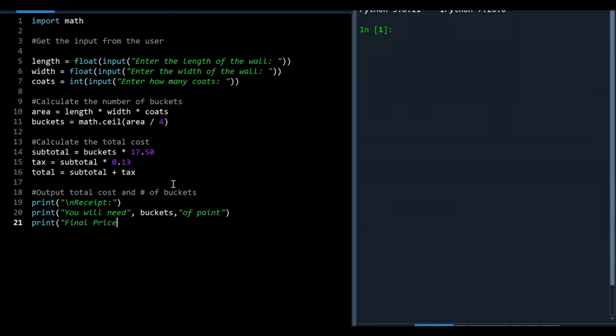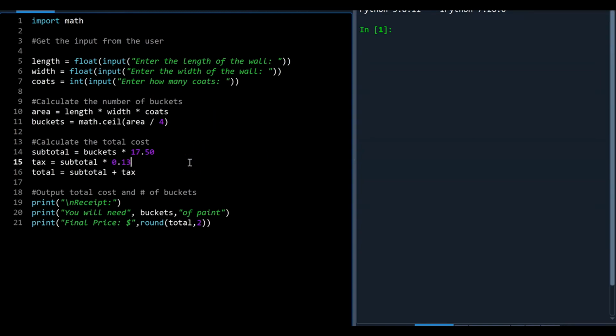So the final price, if you want to print all three, go ahead, but in the interest of time in our video here, let's round the total to 2 decimal spots because we're dealing with a dollar figure, so that would make sense. Okay, so there is my written code.